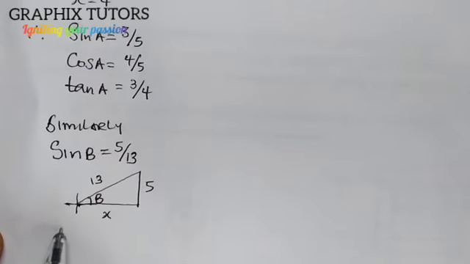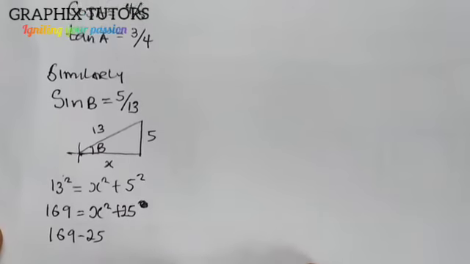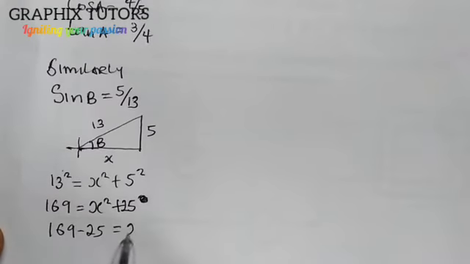So applying Pythagoras theorem, the longest side squared, that is 13 squared, is equal to x squared plus 5 squared, right? 13 squared is given as 169. Then we have x squared plus 5 squared, which is 25, right? When 25 is coming here, it will be 169 minus 25, and that will be x squared.